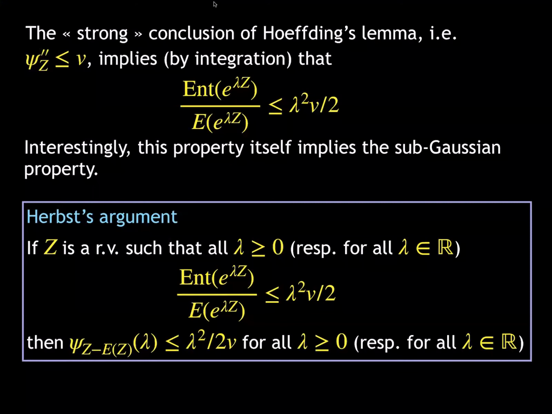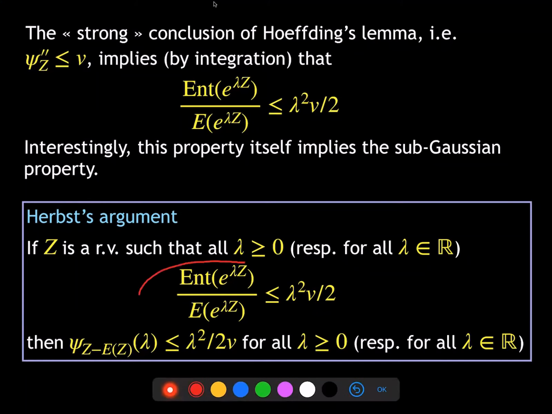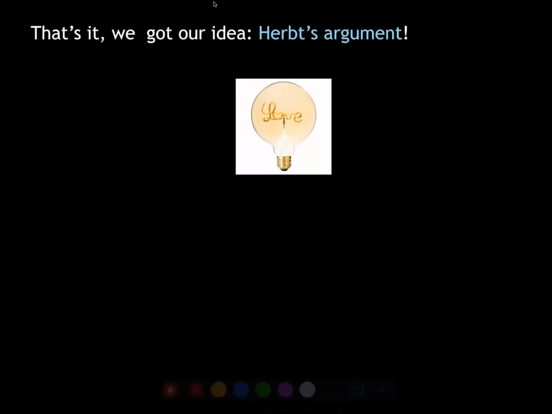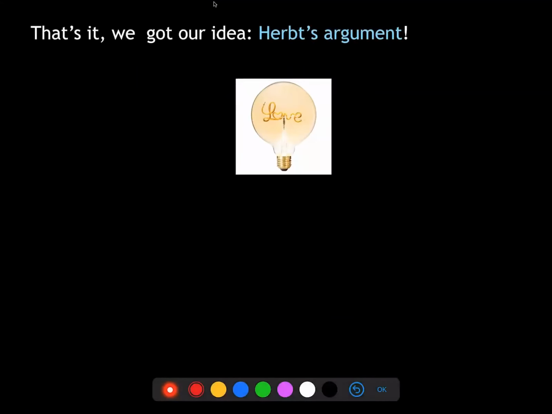So we have this very nice Herbst argument now, which tells us that if this inequality holds true, then the recentered variable, excuse me, is sub-Gaussian, at least on one side, or on both sides if you decide to have this relationship for all lambda. Okay, so that's it. We've got our idea. Our idea is to use Herbst's argument.